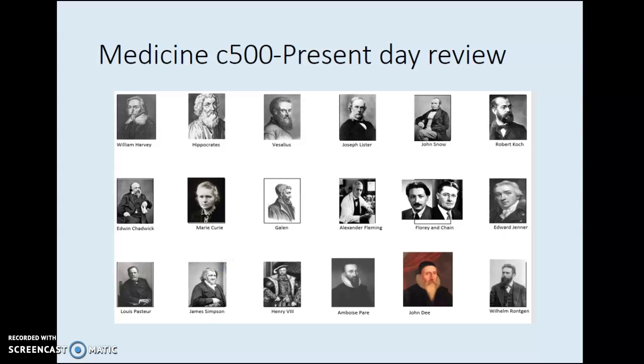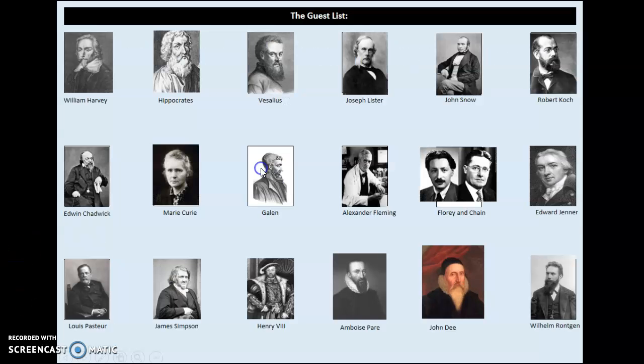Okay, so here I've got a range of different people that we've looked at when it comes to our study of medicine across time. So, for instance, we've got Vesalius, who wrote on the fabric of the human body and was a Renaissance anatomist who very much advanced medical knowledge.